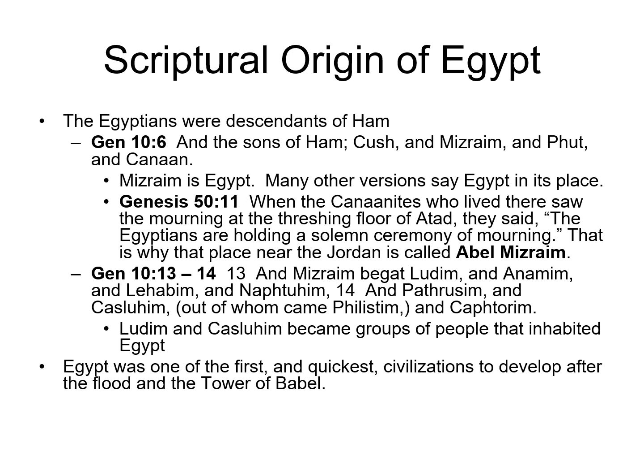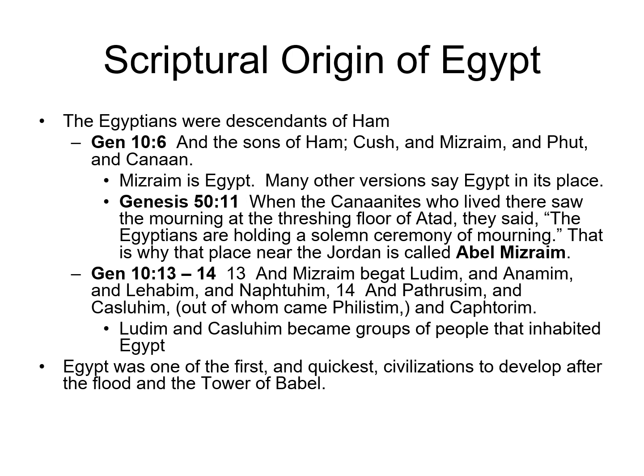We get some more details back in Genesis chapter 10, verses 13 and 14 about Mizraim, when the verses say, "And Mizraim begat Ludim, and Anamim, and Lehabim, and Naphtuhim, and Pathrusim, and Casluhim, out of whom came Philistine, and Caphtorim."